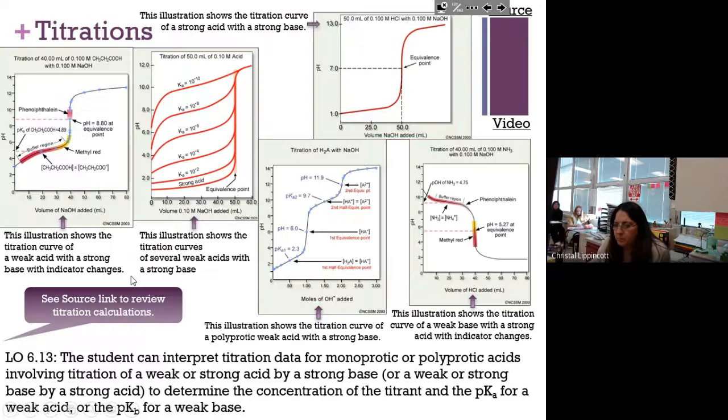Then you had titrations that you were looking at. This is a titration of what? This is a diprotic acid here. You started out here. You had one plateau, then two plateaus, so that is a diprotic acid.